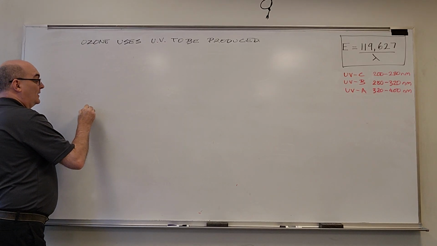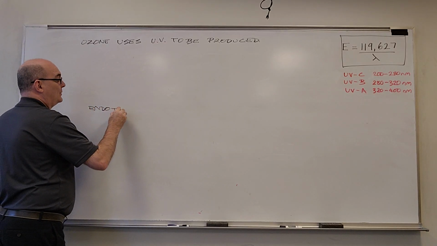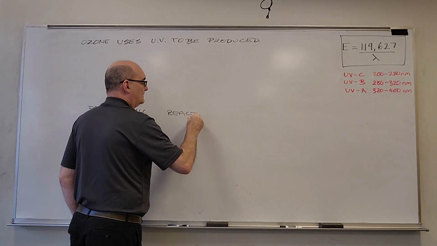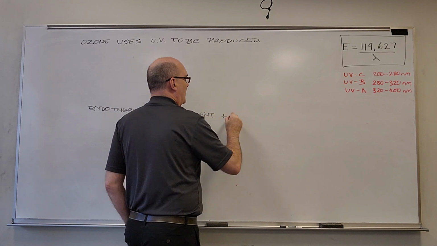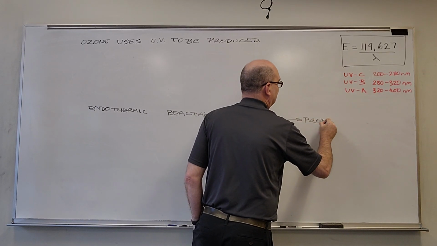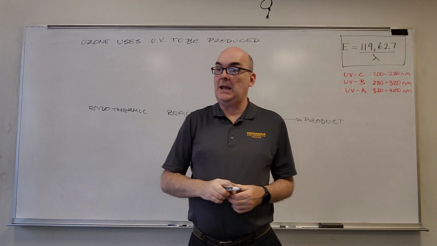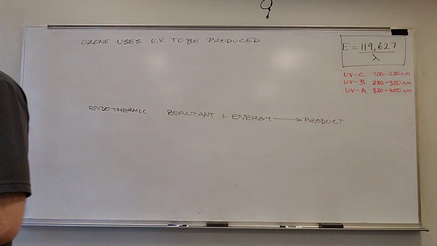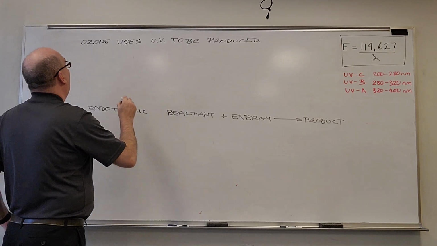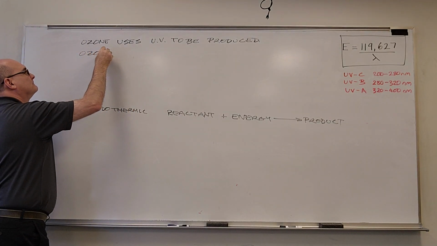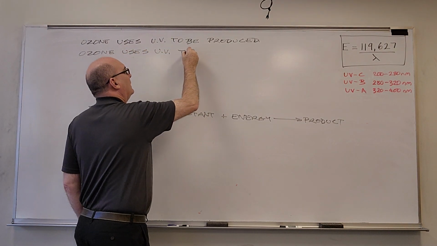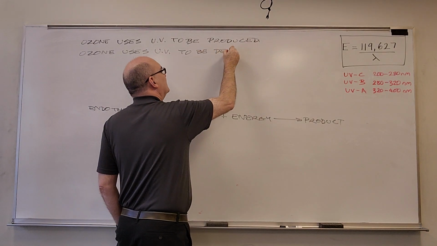One of the things that we learned about endothermic reactions is you have reactants plus energy goes to product. They take in energy. So this reaction is consuming energy on the way in. And ozone uses ultraviolet to be decomposed.